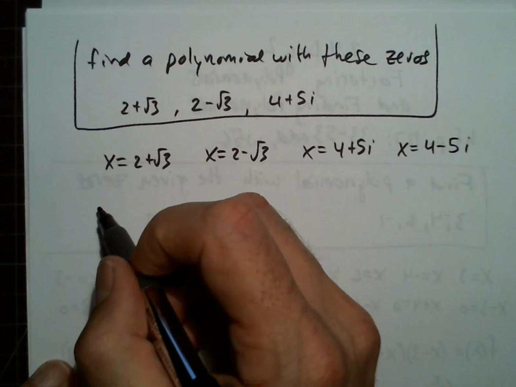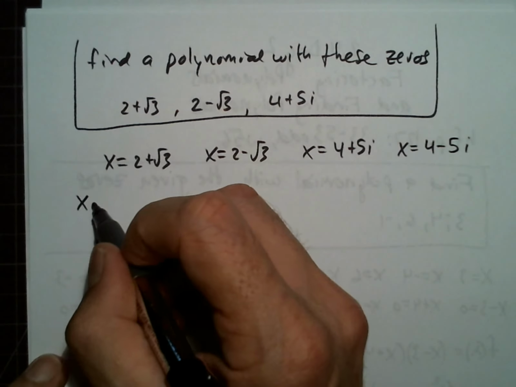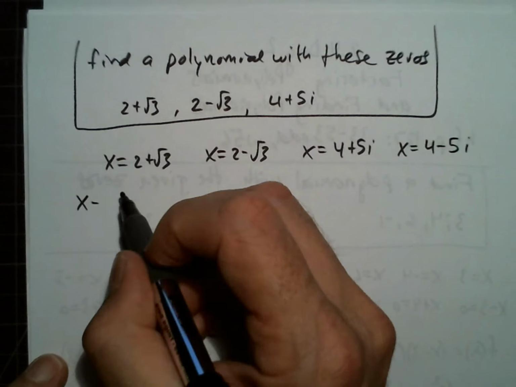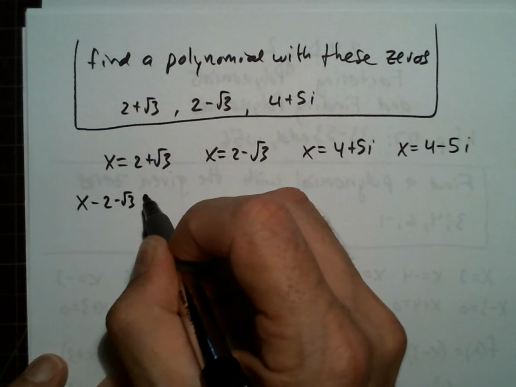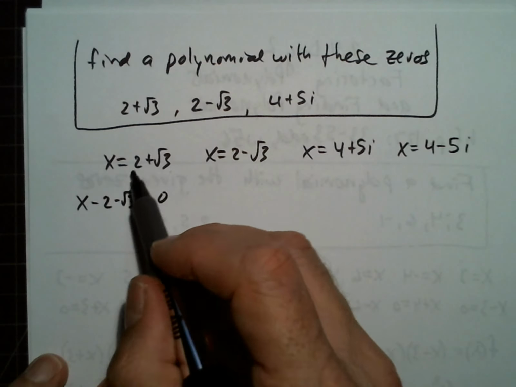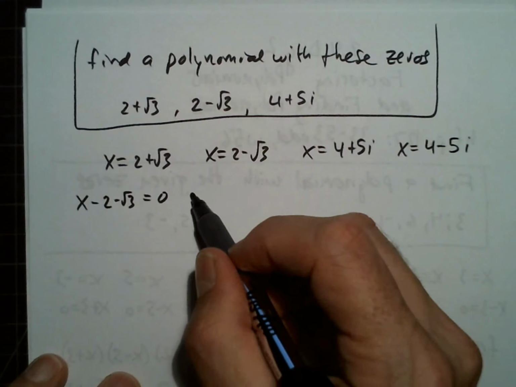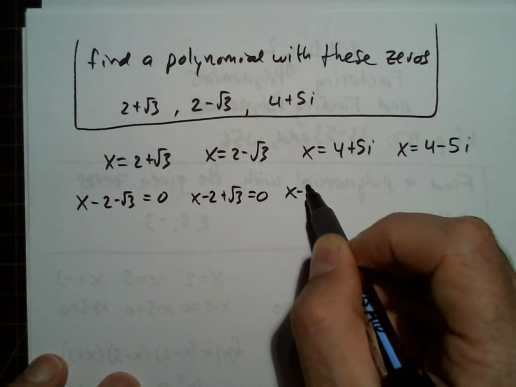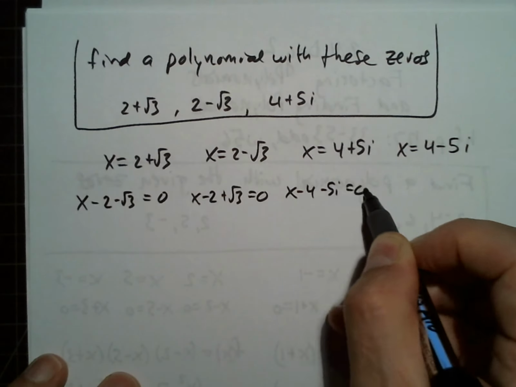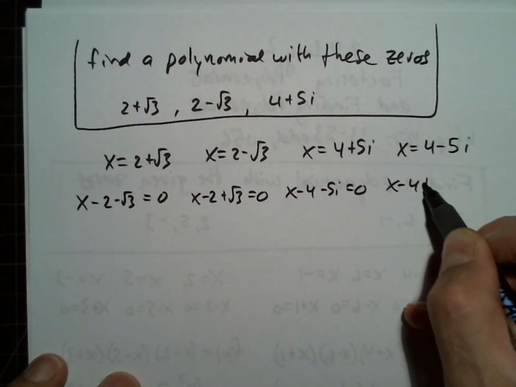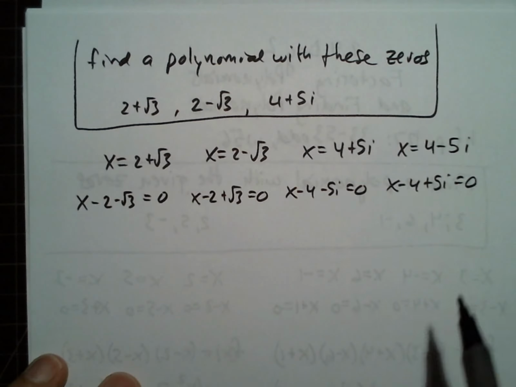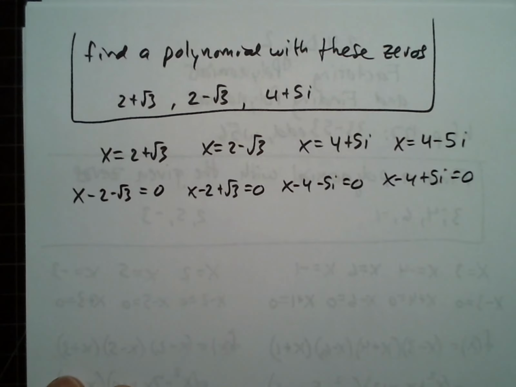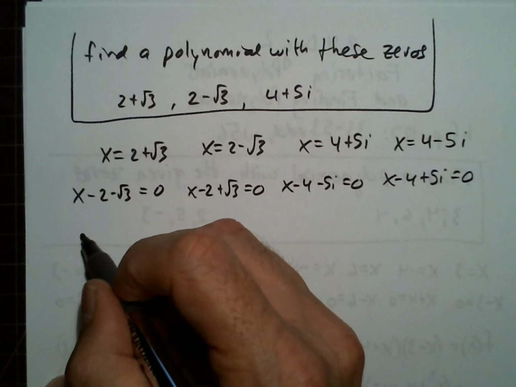And then we can follow the same step as before. Let's subtract. We'll subtract both of those. Now we have 4 factors.